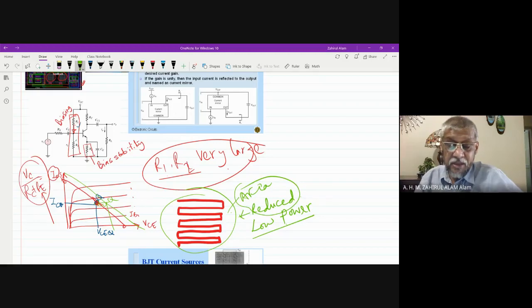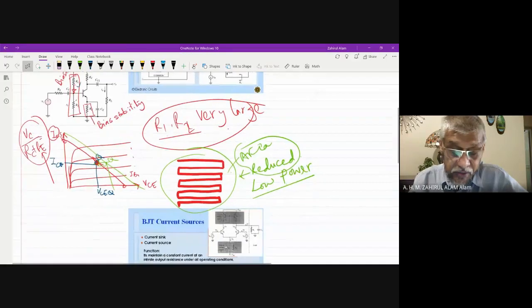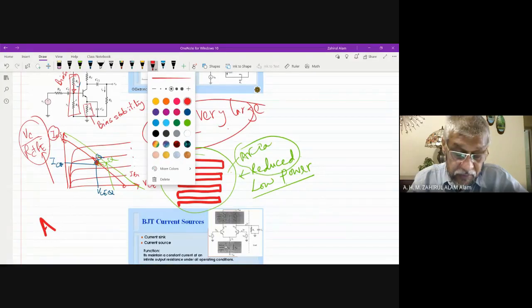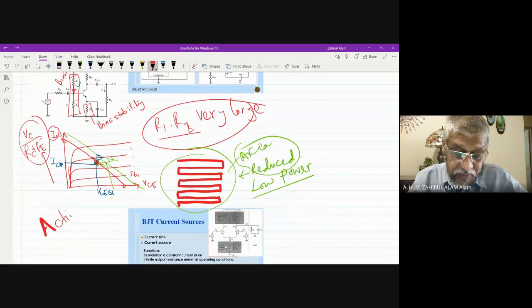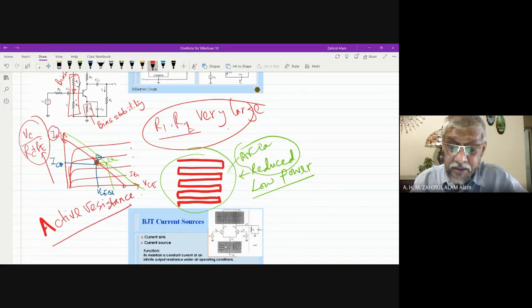So in order to satisfy this, we don't use R1 and R2 passive resistances. We are going to use active resistance, using transistors and MOSFETs.